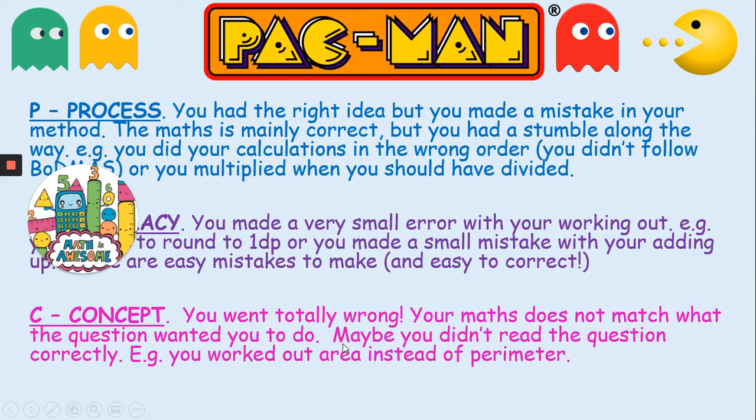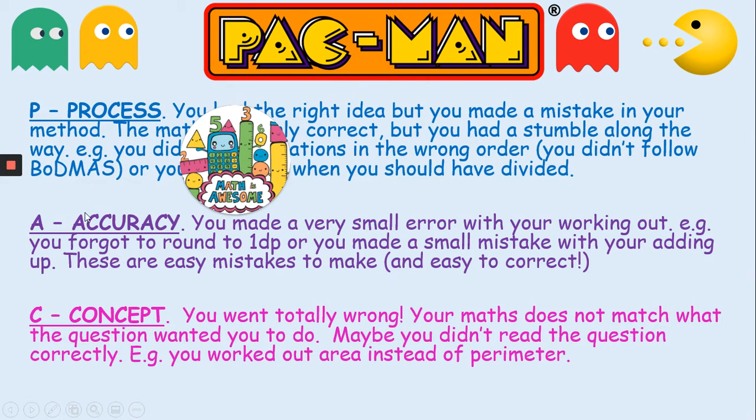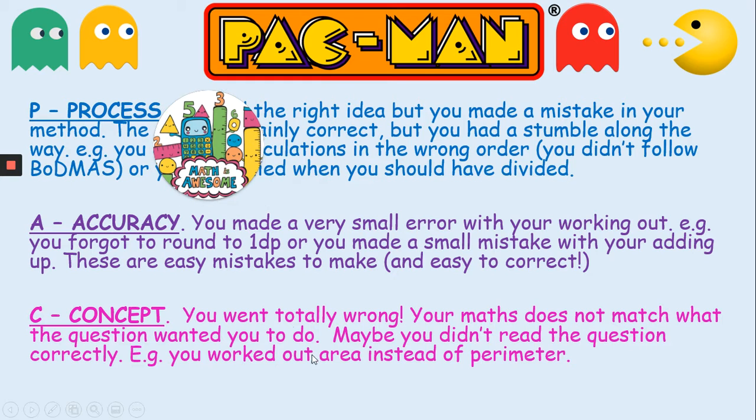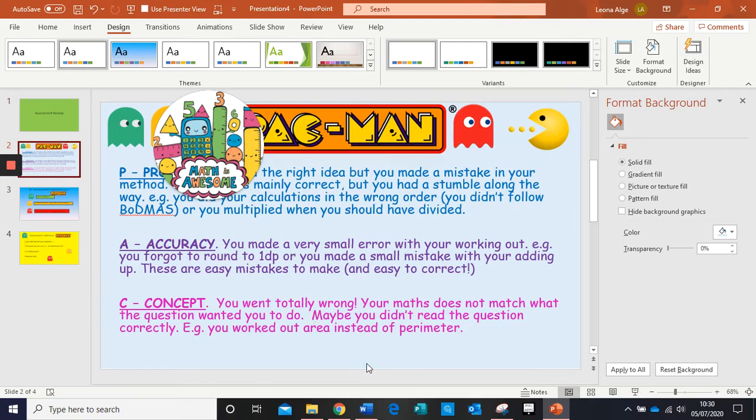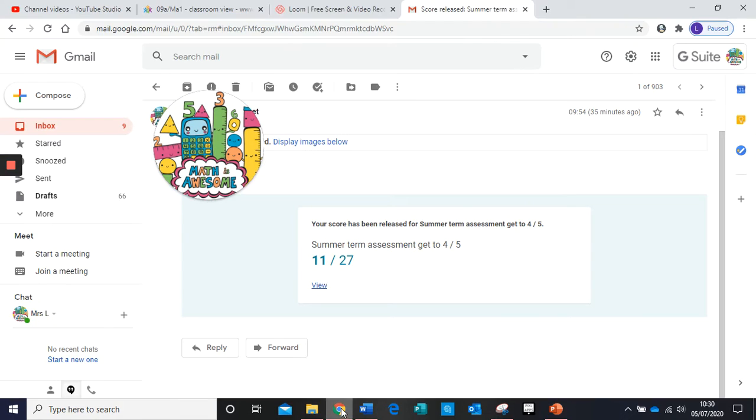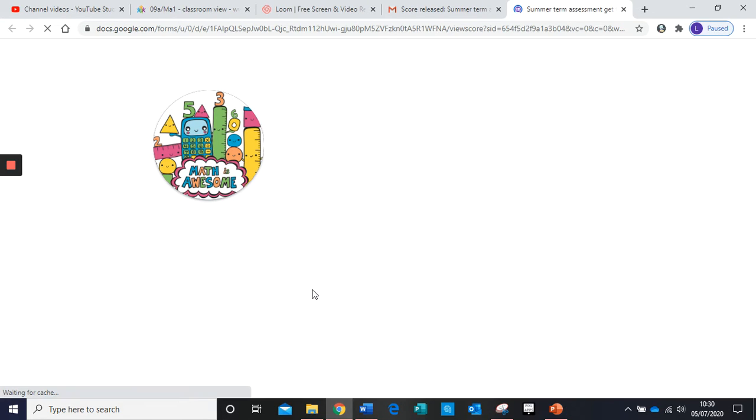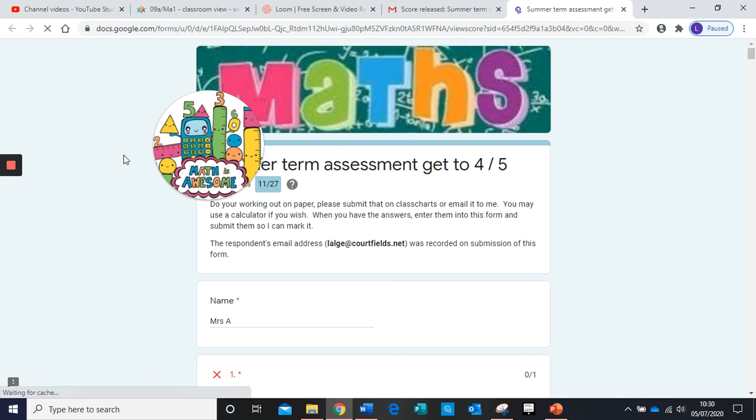So let's have a quick look at the test. I did it as well. Let's have a look. So you would have gotten this email with your result. You press on view, and that's going to take you to your marked test paper. There we go.